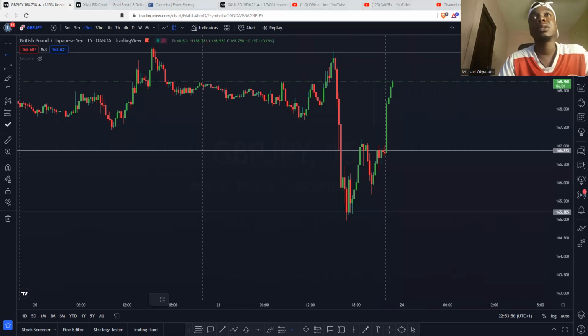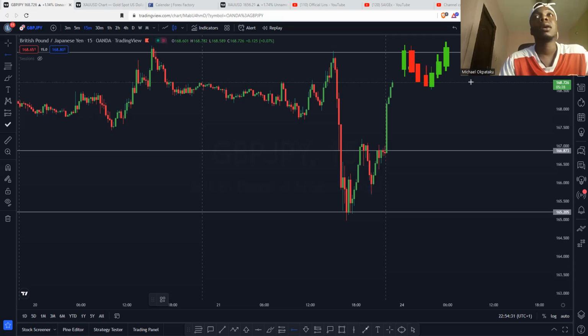If price gets to this level and fails to break above, and starts forming a resistance here and ranges for a while, price probably comes down, ranges for a while, then forms a support level down below and starts going back up, and still fails to break above this zone.